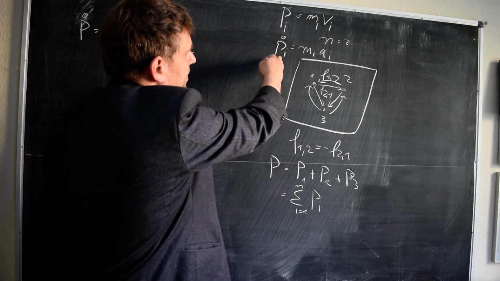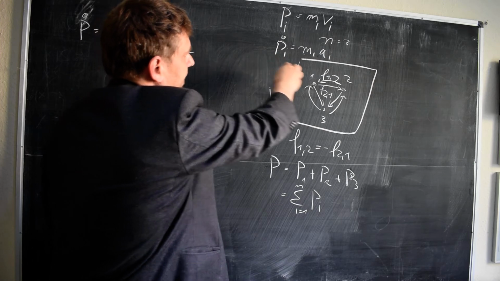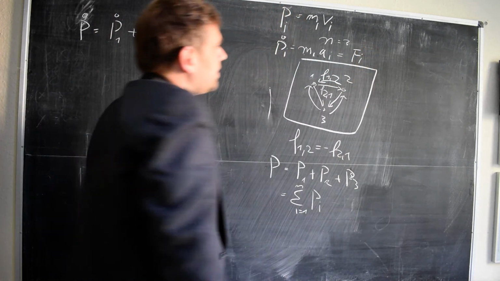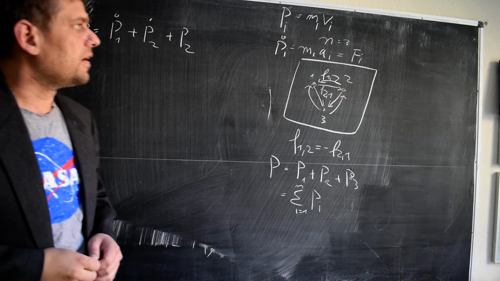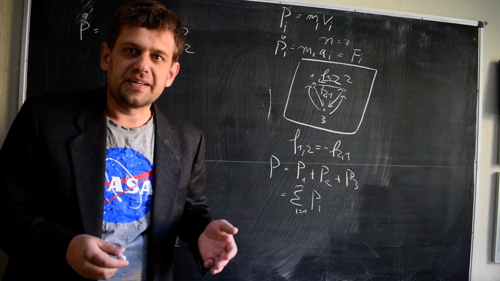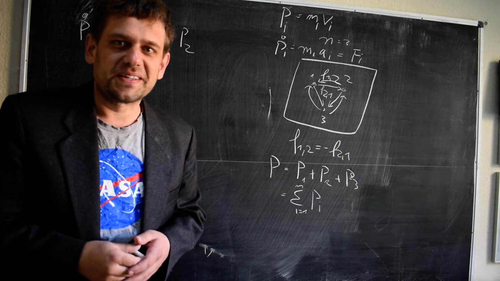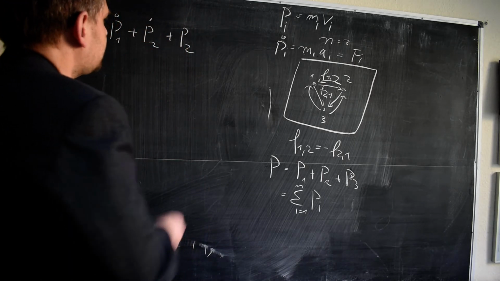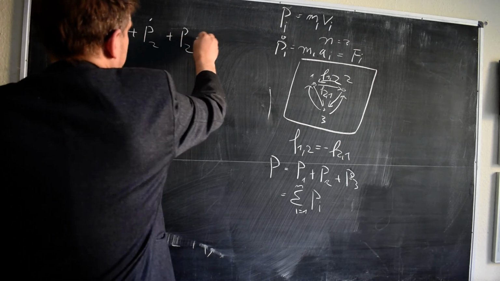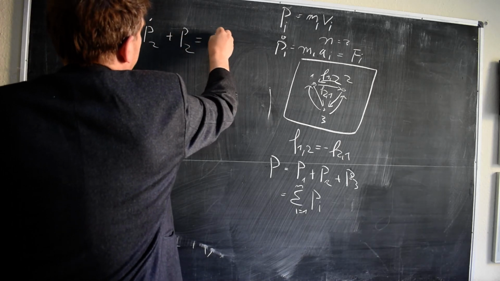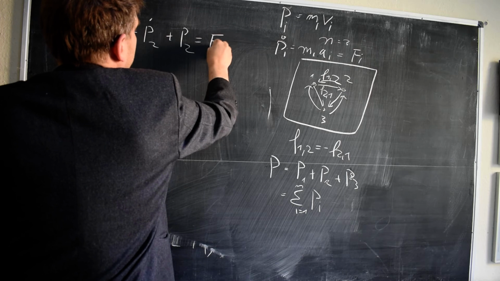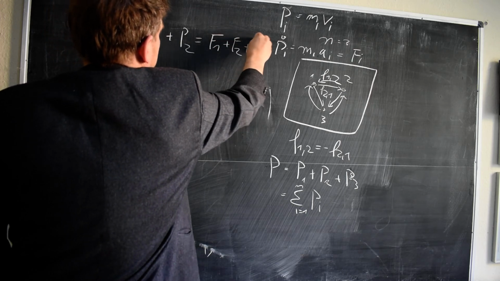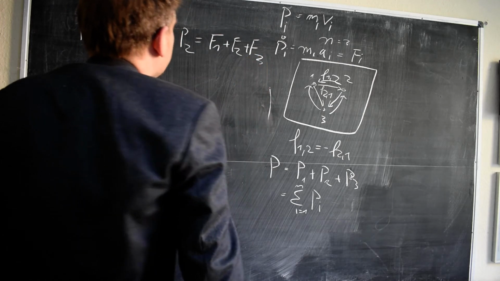So this change in the impulse of the particle i is nothing but Fi, which is the combined force that is exerted on the particle i. And we're going to use this to replace this expression by some F1 plus F2 plus F3.